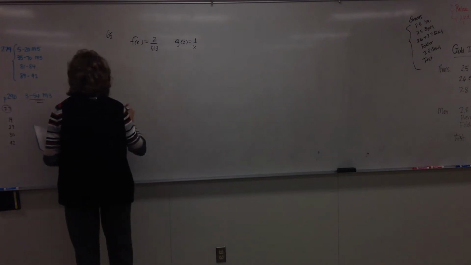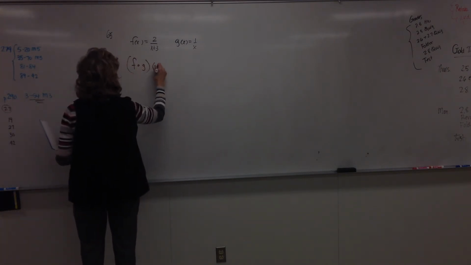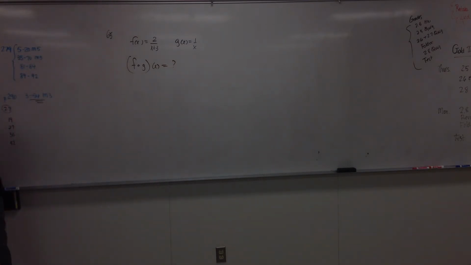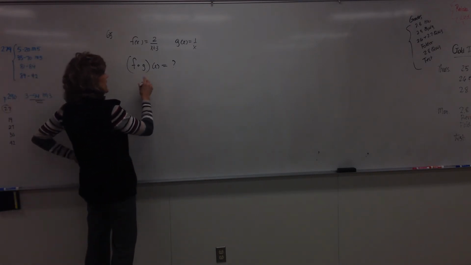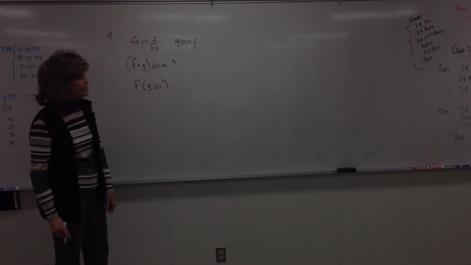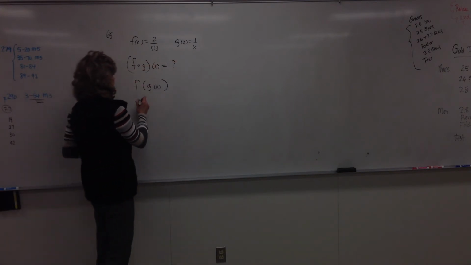You were asked to find two things: f circle g of x, and then talk about the domain after you compose them. Well, f circle g of x means, I don't really like this notation as well as this, it means function f with function g dropped in. So if I drop all of function g into the input, now I'm doing f of 1 over x.